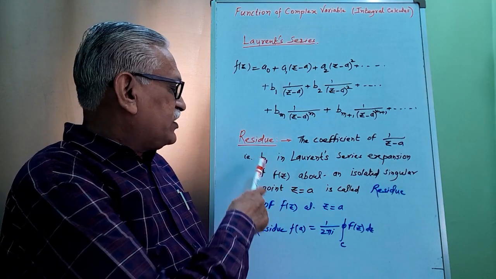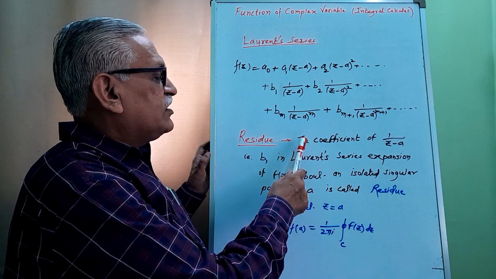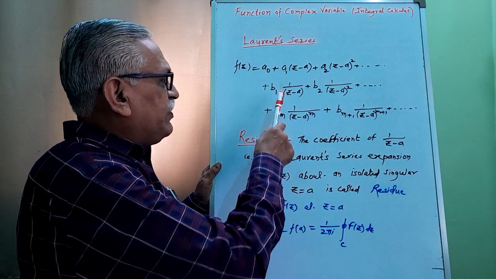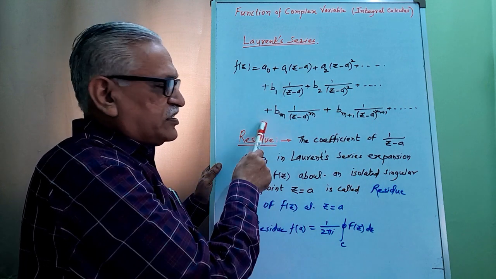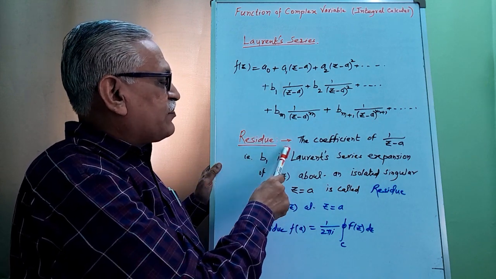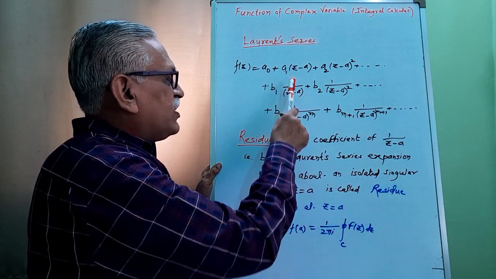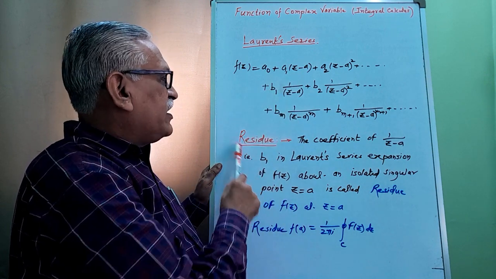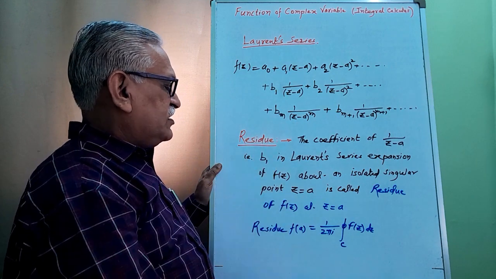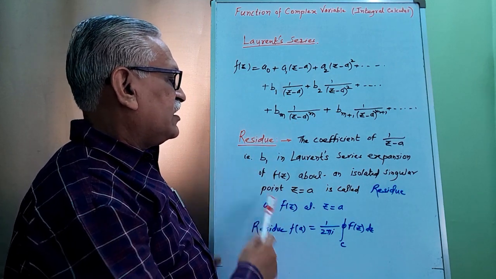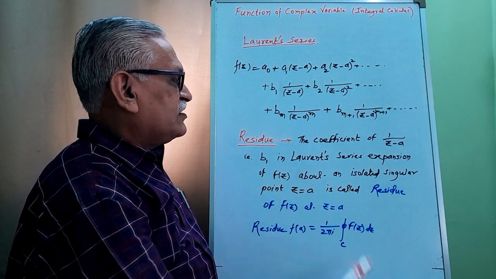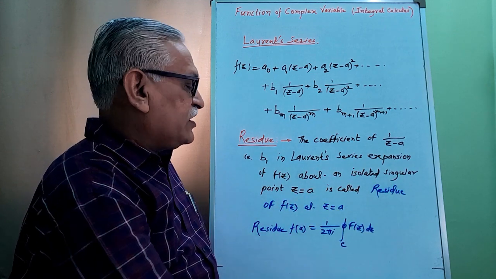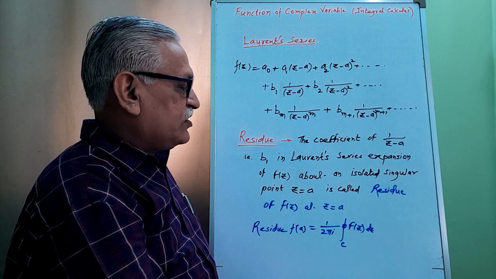Next important definition, a residue. The coefficient of 1 upon (z minus a), that is b1, in this Laurent series. Once again I will repeat, the coefficient of 1 upon (z minus a), which here is b1, in that Laurent series expansion of f(z) about an isolated singular point z equals a is called a residue.